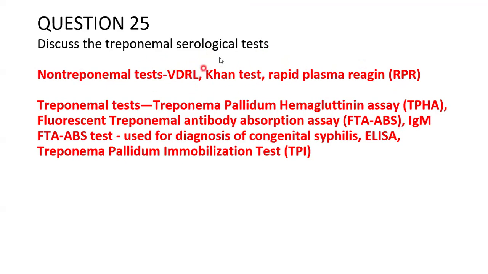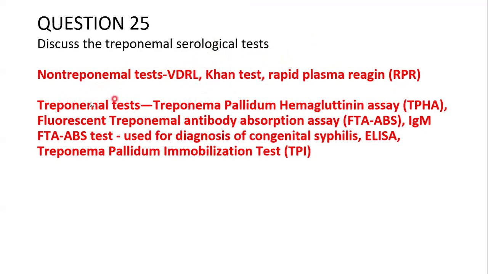So these ones, for example, like VDRL, can give you a false positive if you have things like lupus, if you're pregnant. Some drugs can also give you a false VDRL test, and some other viral infections, for example, Epstein-Barr virus and hepatitis, can give you a false VDRL positive.